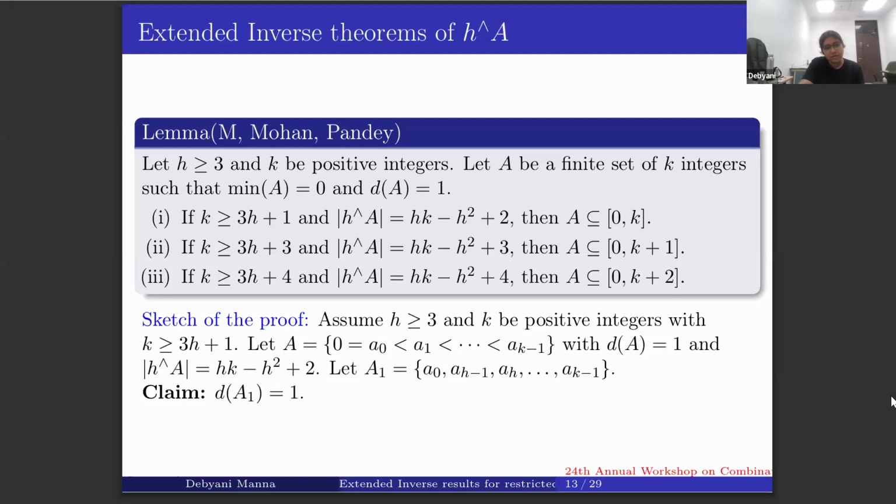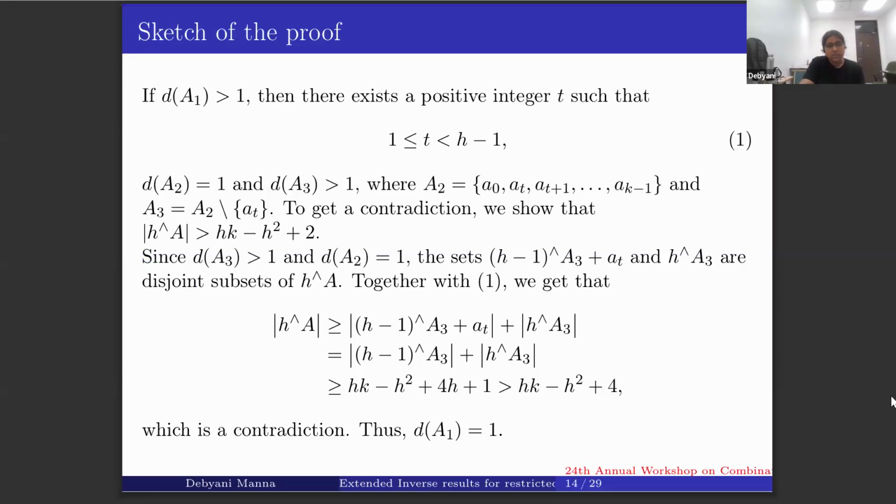Our claim is that the GCD of A1 is 1. If not, then it must be greater than 1. Then there exists a positive integer t such that 1 is less than or equal to t, which is less than h - 1. We take A2 as {a_0, a_{t+1}, and so on, up to a_{k-1}}, and A3 as A2 minus a_t. Then the GCD of A2 must be 1 and the GCD of A3 must be greater than 1.